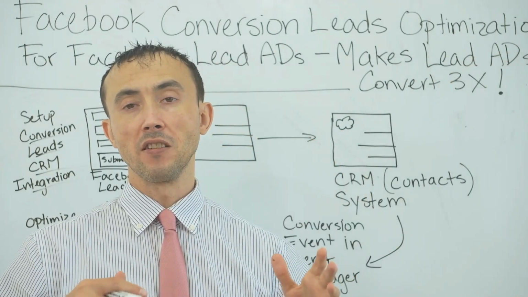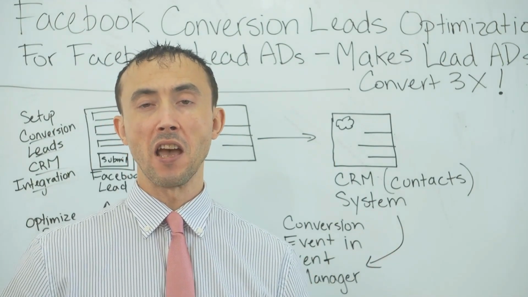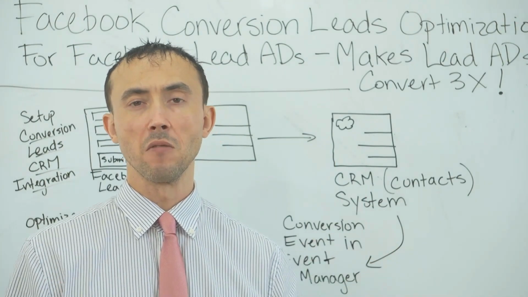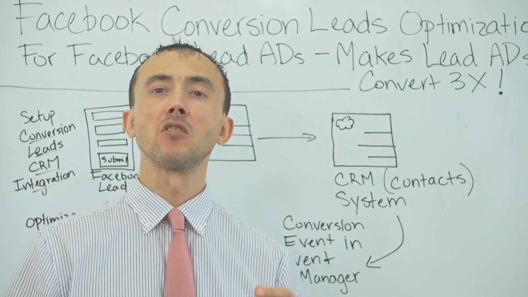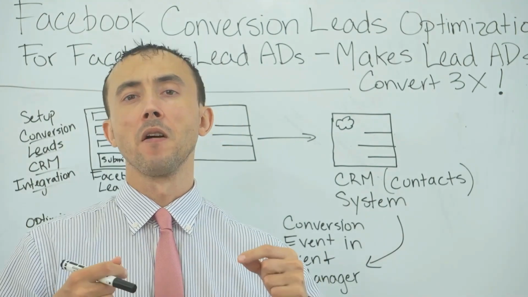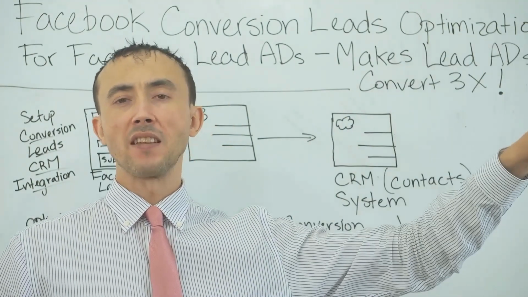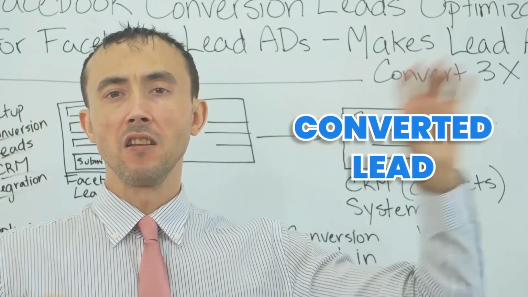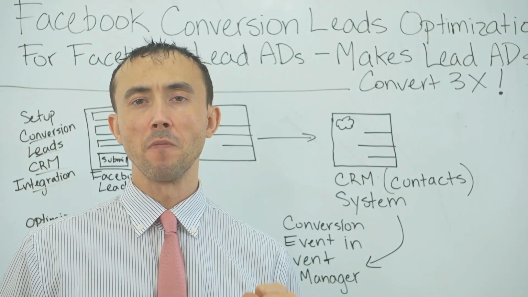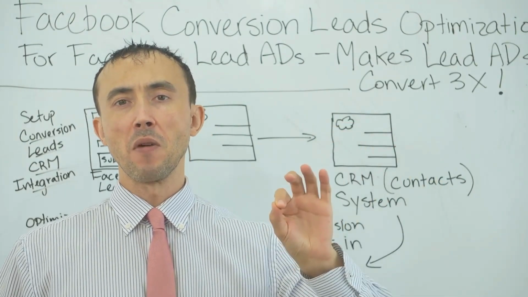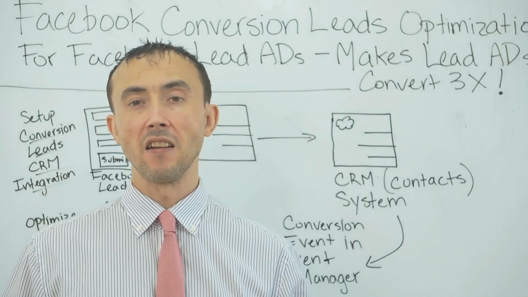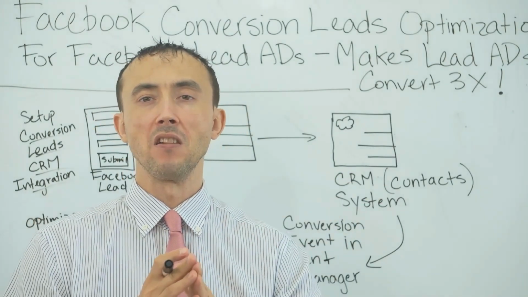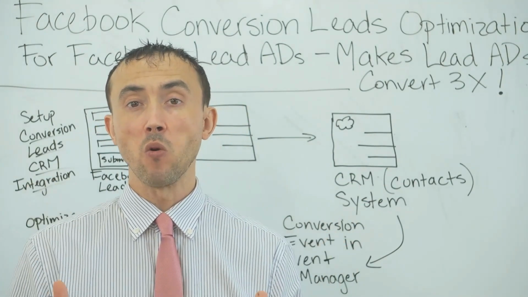Or if a sale doesn't normally occur within the first 28 days that you need it to, with this system, you can actually score the lead, and a lead that scores over a certain amount, you can pass that as a so-called converted lead inside the Facebook ad platform through the event manager. And then with that, use that in how Facebook steers your campaign so that you naturally get better lead quality over time.